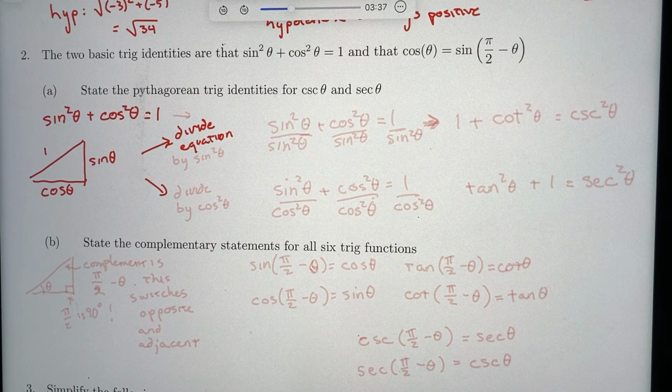by sine squared, I get, let's write the equation down again. Sine squared plus cosine squared is 1. Divide everything by sine squared.